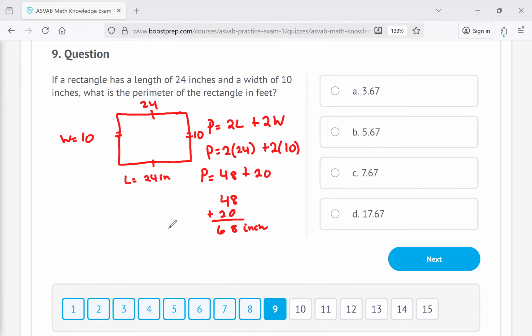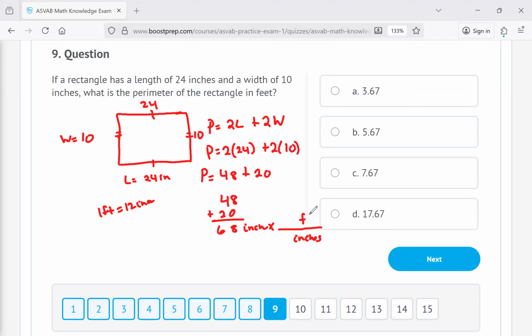So how do we convert that to feet? You're going to have to do some kind of fraction or stoichiometry. You probably learned this in chemistry, but we know that 1 foot is equal to 12 inches, right? So I'm going to put inches on the bottom because when you're multiplying fractions, you multiply across and the inches will disappear.